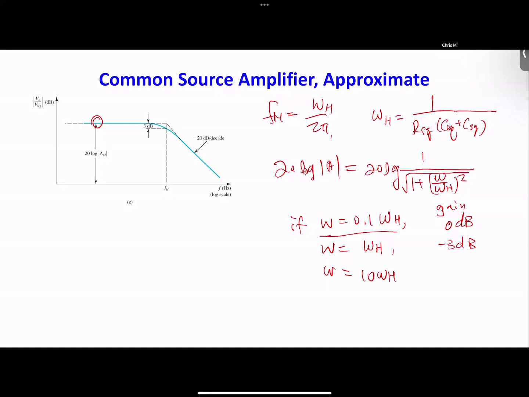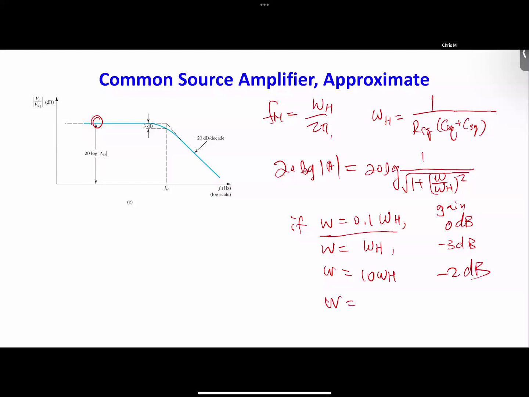Omega over omega H is 10. So 10 squared is 100. 100 plus 1 is 101. Square root of 101 is almost 10. 1 over 10 is 0.1, log 0.1 is minus 1. Minus 1 times 20, minus 20 dB.